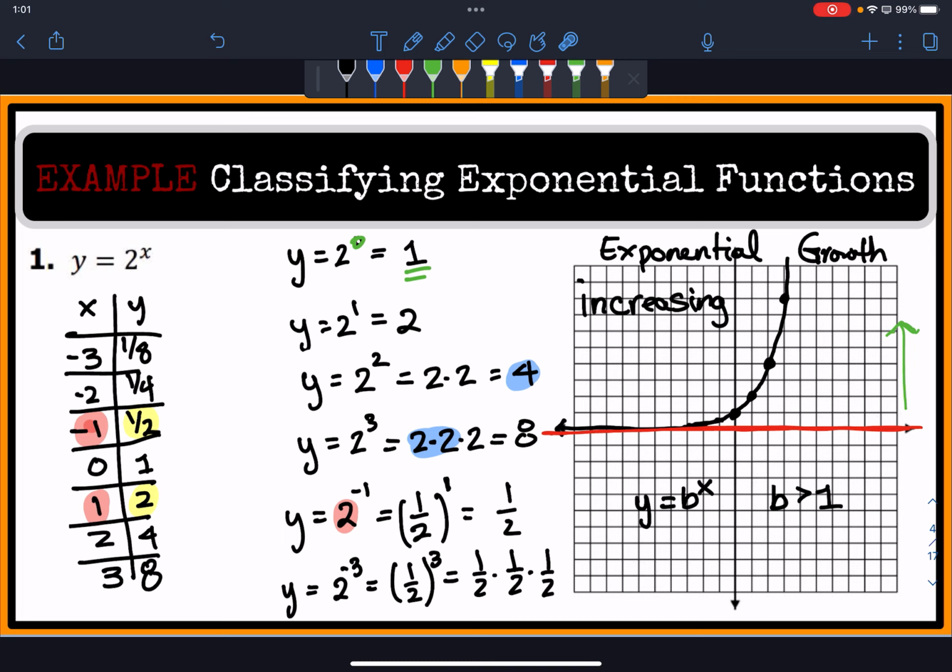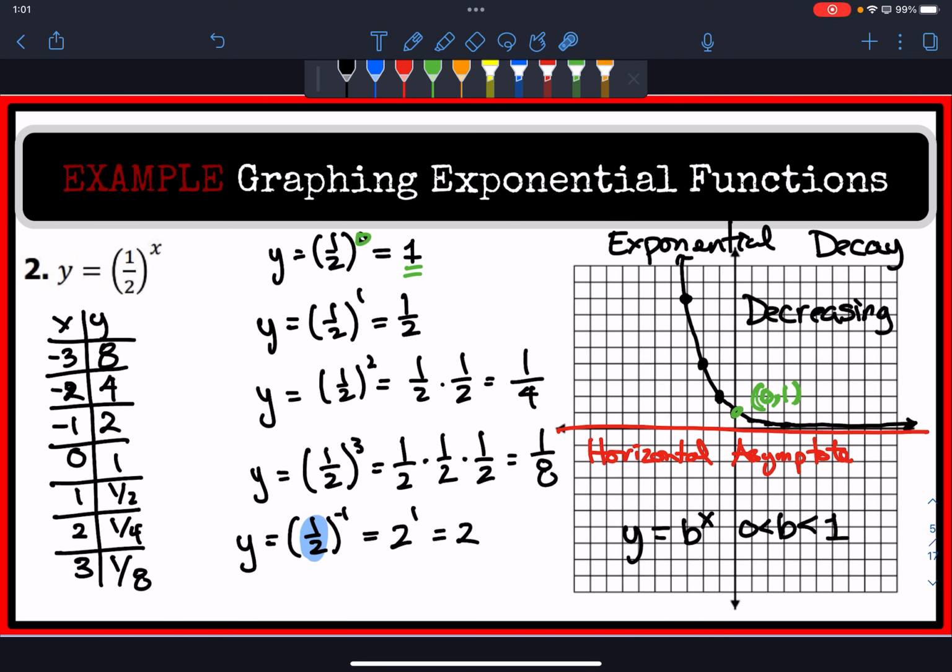So multiplying a number greater than 1 an x number of times is going to make the number bigger from left to right. Because obviously that makes sense. The more I multiply the number by itself, the bigger the number becomes. So that will grow it. However, if I multiply a number less than 1, like 1/2, then that's going to make the value smaller. If I have 1/2 and I multiply 1/2 with another 1/2, that's a fourth.